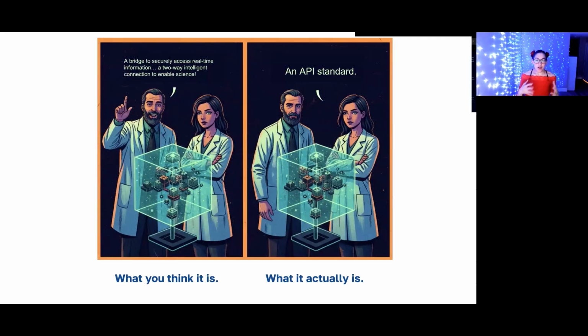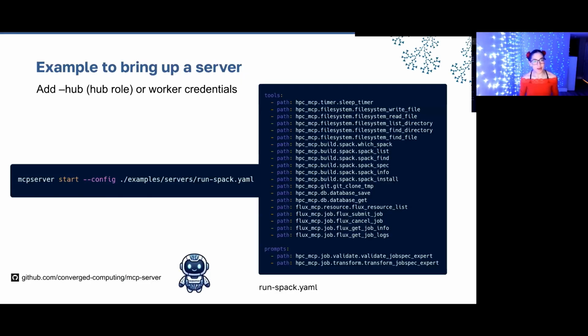Now, when I first heard of MCP, I was like, oh, that sounds really complicated and interesting. And then you kind of stare at it and you scratch your head and you're like, it is an API standard. And that's it. And that is absolutely true. Now, a very simple way to think about our software, and this is the way that we designed it, we wanted it to be simple, is that when you make a tool for an agent, it is, for the most part, a Python function.